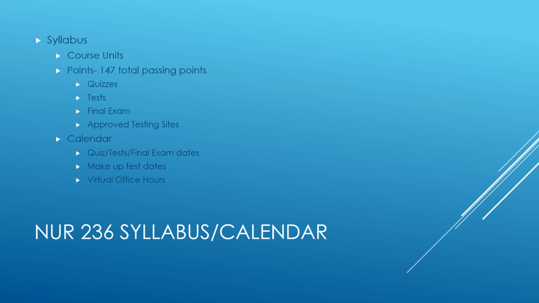And then you have a quiz for unit 3 and a quiz for unit 4. And then you're going to have a test for those 2 units. And then you have quizzes for unit 5 and unit 6. And then you have a test for those 2 units. And then of course you'll have the final exam. So that's kind of how it's going to flow.